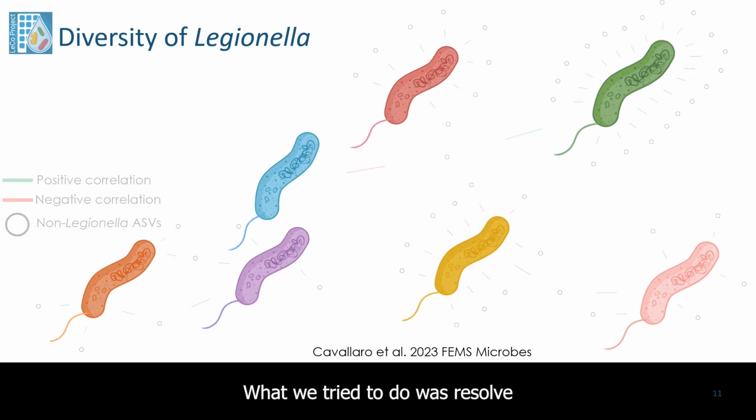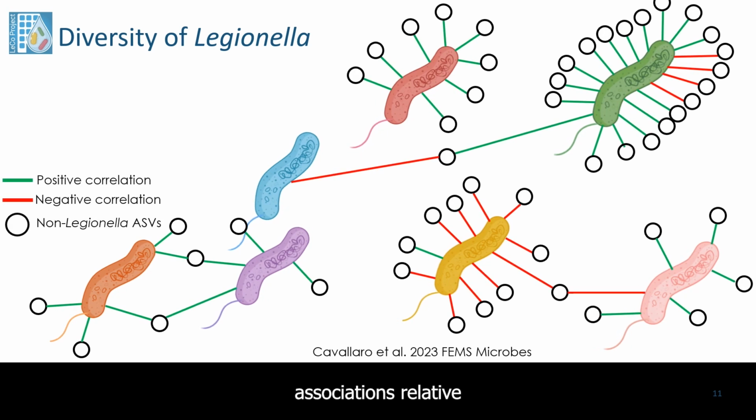What we tried to do was resolve these associations relative to the individual amplicon sequence variants. And what you can see, this is just a schematic of our findings, but you can see how we detected positive and negative correlations of Legionella and other microorganisms, or Legionella between each other.